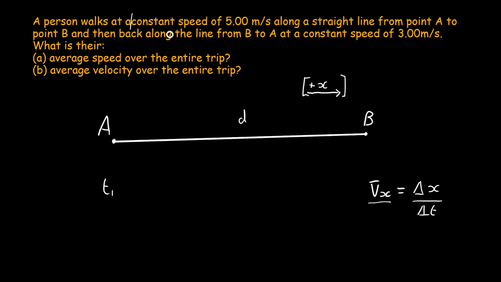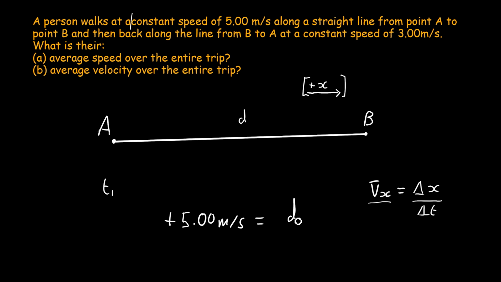A person walks at a constant speed of 5 meters per second between A and B. Their velocity is positive 5 because we've assigned this direction to be a positive x value. So that's what we'll do here. So we've got a positive 5.00 meters per second is equal to some distance we don't know yet, which we've assigned with the variable d.